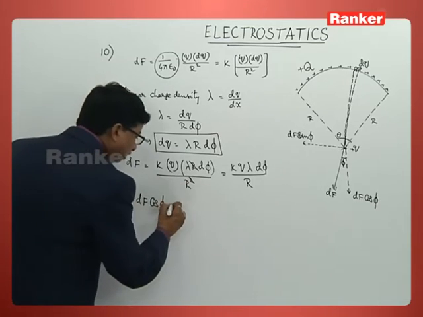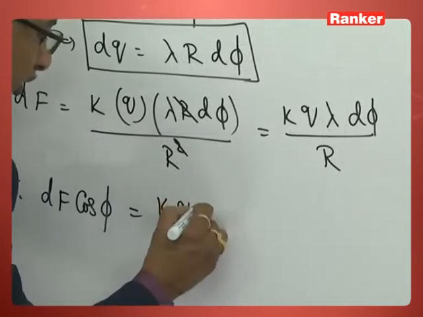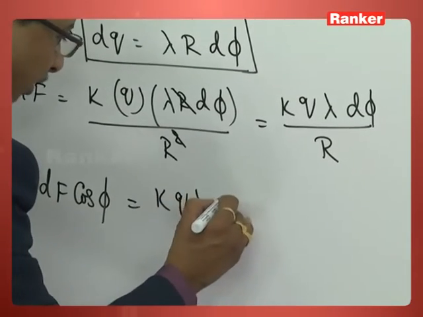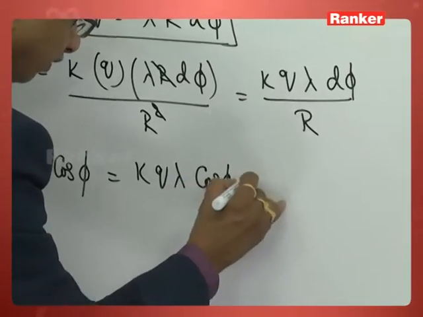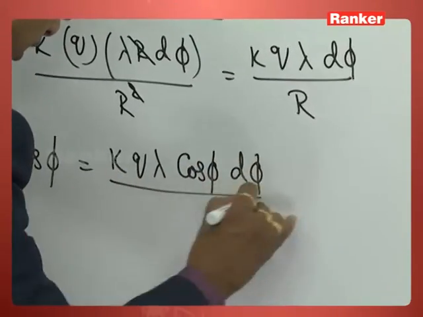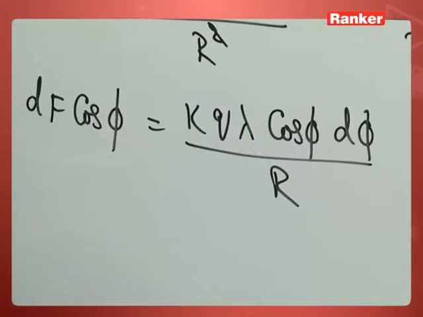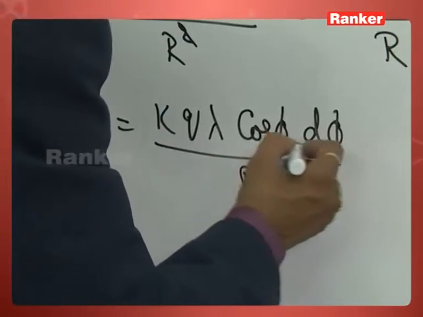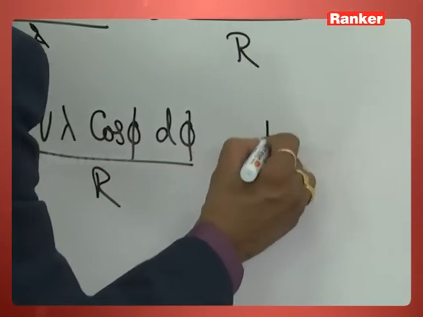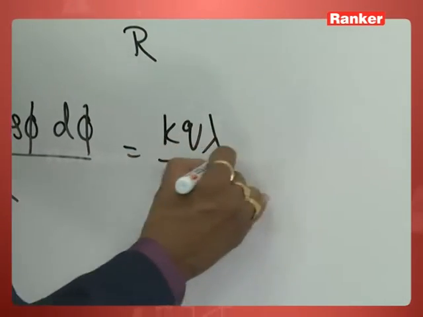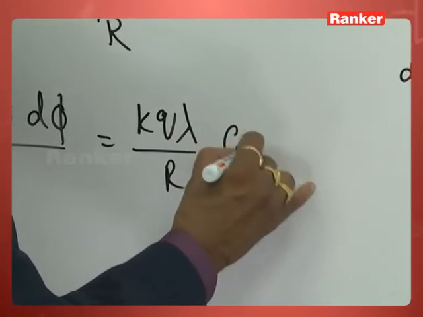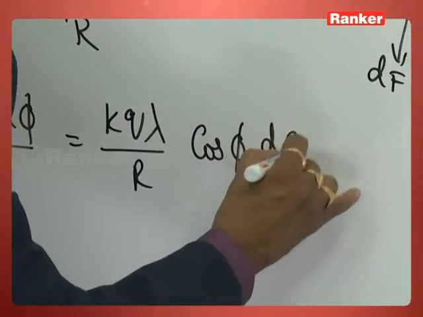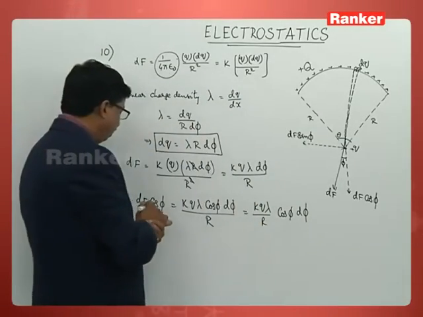Cos phi I can write. So it is k q lambda cos phi d phi divided by r. Now this is actually k q lambda by r cos phi d phi. That is the equation we are getting.